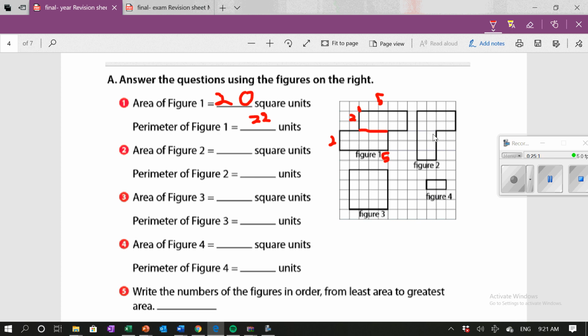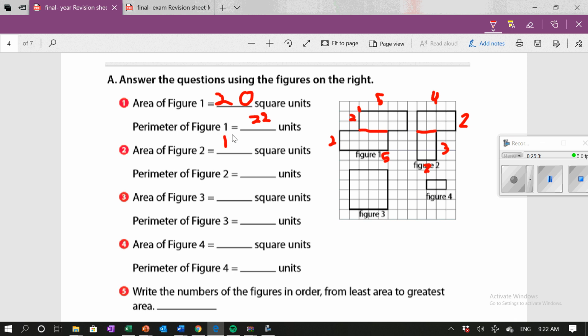For number 2, yes, we can partition into 2 areas, or you can count the squares as you want. Here is 1, 2, 3, 4. Here is 2. Here is 3. Multiply it by 2. So 4 multiplied by 2 is 8. 3 multiplied by 2 is 6. 8 and 6.